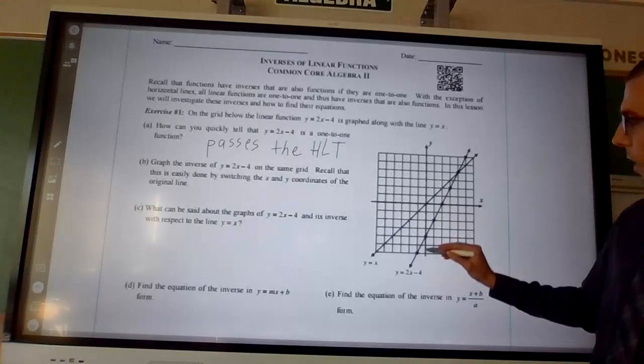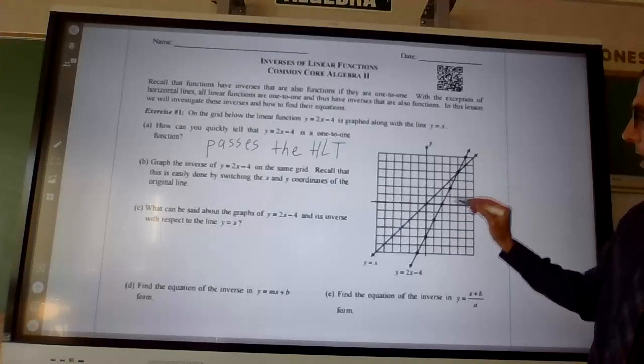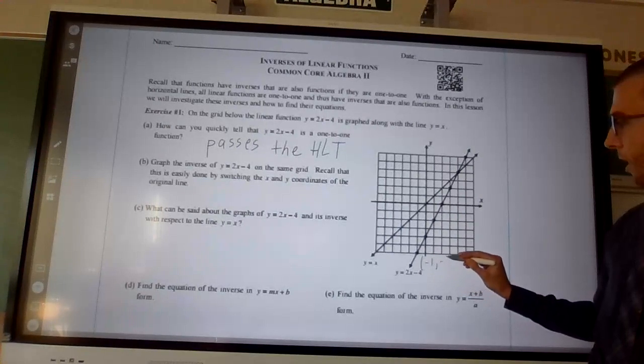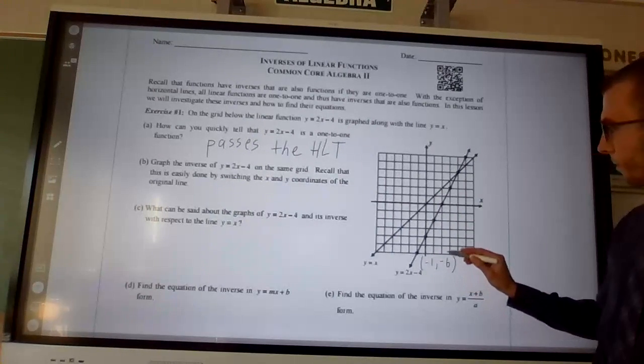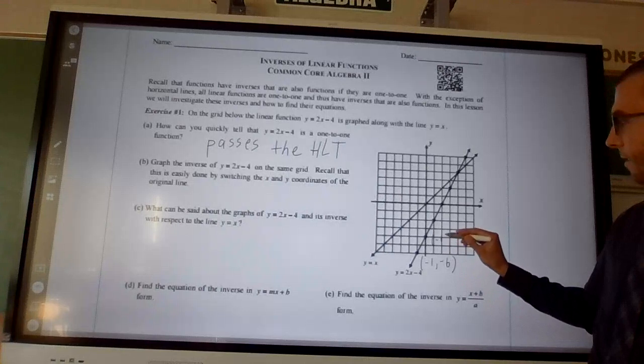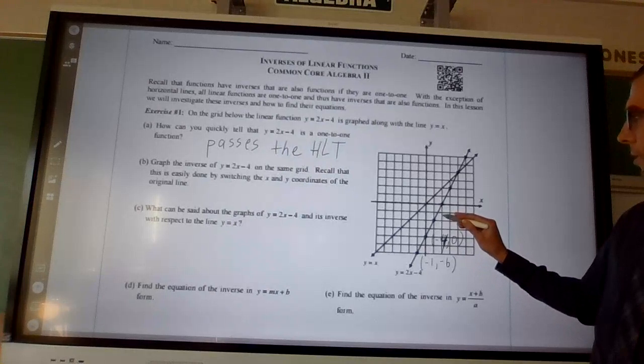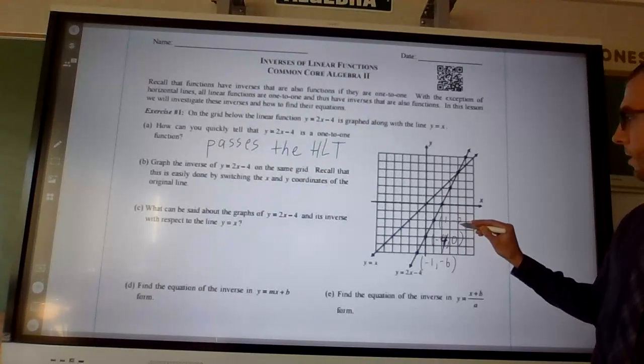Right now, I'm just going to write in the coordinates of each of these points. So this one here is -1, -6. This one is -4, 0. This one is 1, -2.